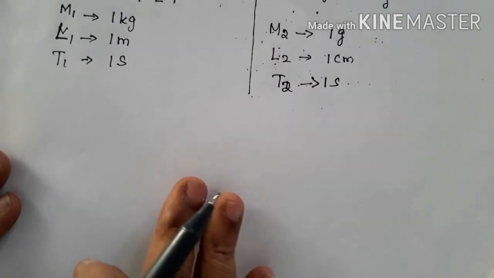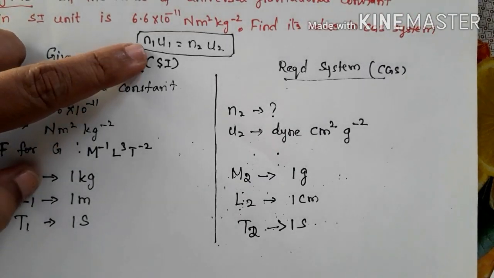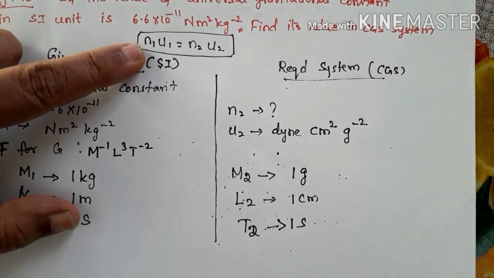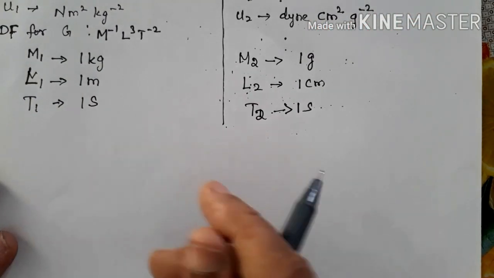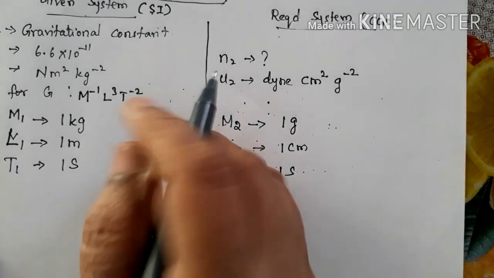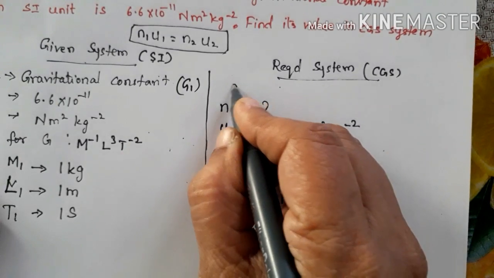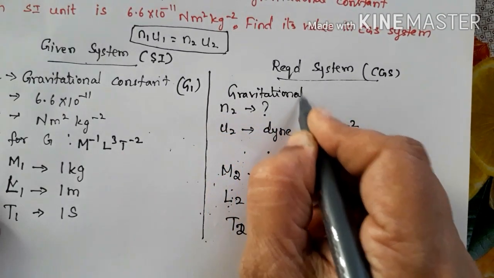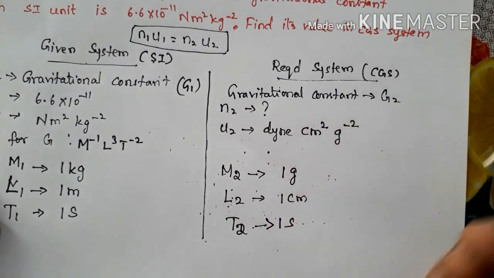Now, children, I will substitute in this. I will write N2U2 is equal to N1U1 in this format. N2U2, that is the gravitational constant. I will represent it by the letter G1 here, and here I will represent it by the letter G2.